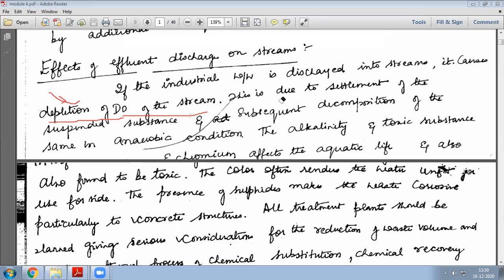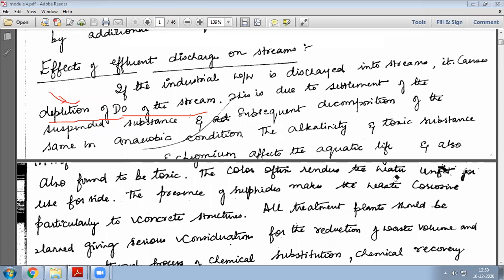Next, what happens then? This is due to settlement of the suspended particles and subsequent decomposition, so some anaerobic condition will develop. They also give alkalinity and toxic substances. Chromium affects the aquatic life and is also found to be toxic.